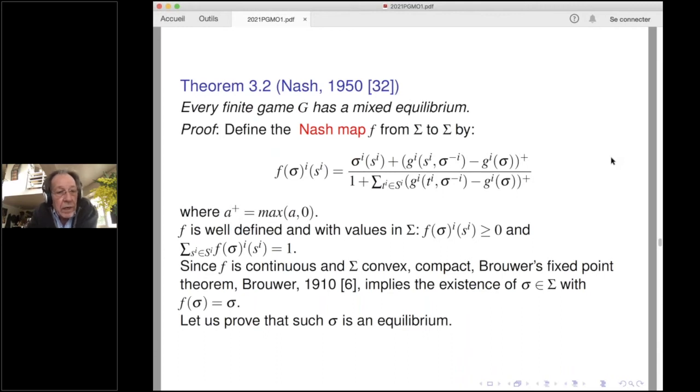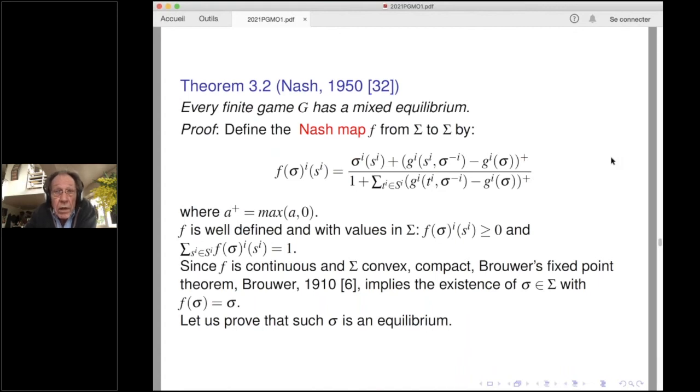So every finite game has a mixed equilibrium. And for this, he used the Nash map. Now, if you look at this, you will see that the Nash map is precisely the map that I used in the first proof by Brown and von Neumann using the differential equation.